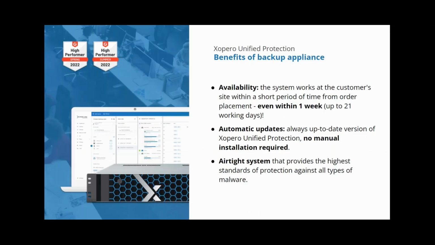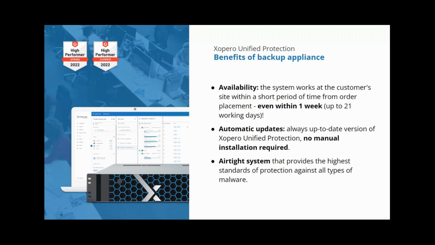One of your first thoughts may be, okay, but that is hardware after all, it has to be shipped. What's the delivery time from order to implementation? And I'll tell you that availability of the solution is one of the advantages we can be proud of. On the Polish market, we can provide the devices even within 2 business days from order to placement, which is, you must admit, quite remarkable.